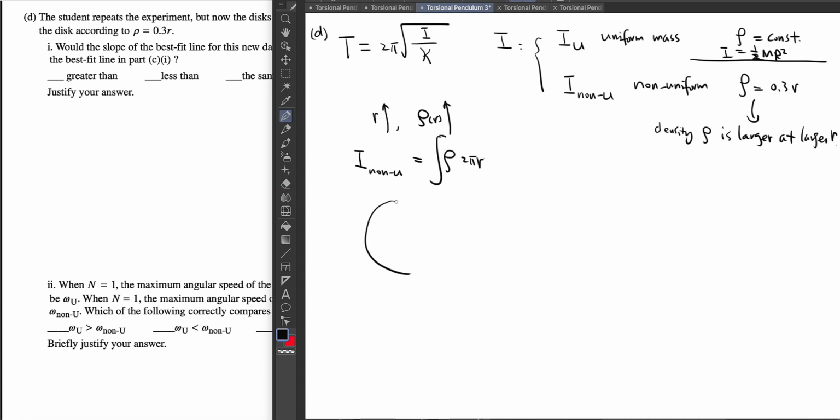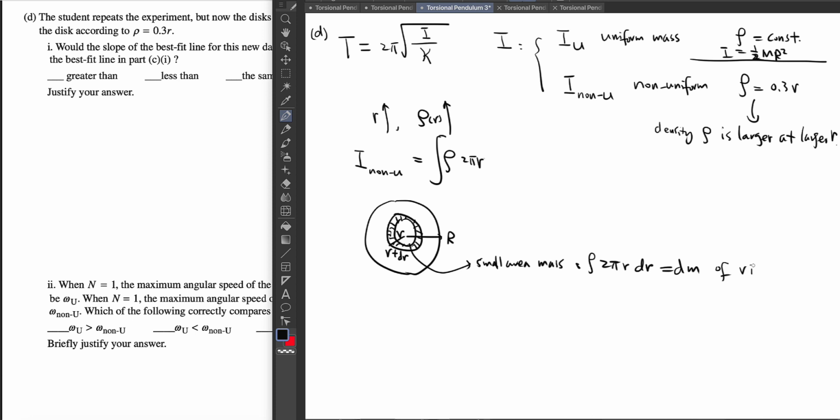If you look at the disk, with capital R its radius, you are digging out a small ring that goes from r to r plus dr. This shaded small area is 2 pi r dr, and multiplying by the density rho gives us dm, the infinitesimal mass of the ring.